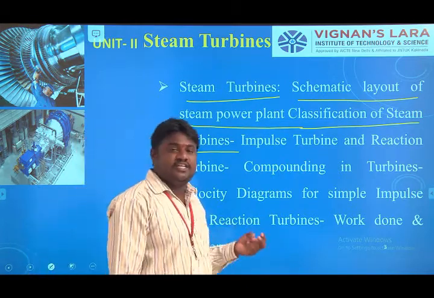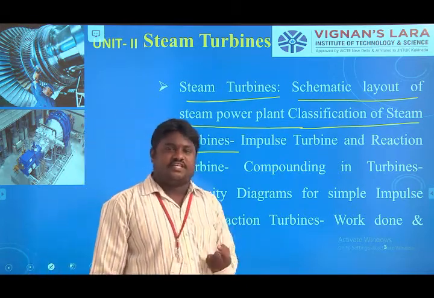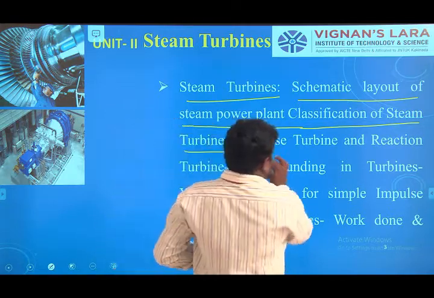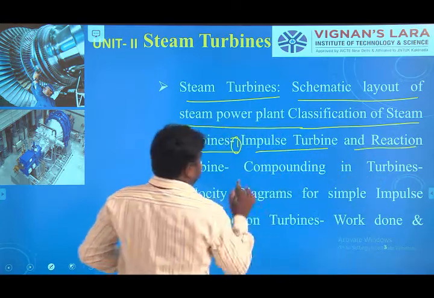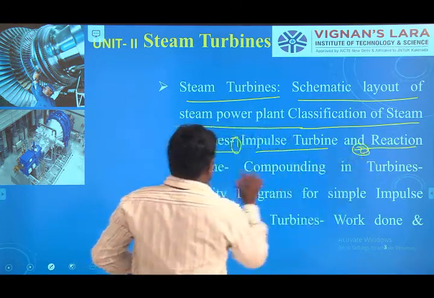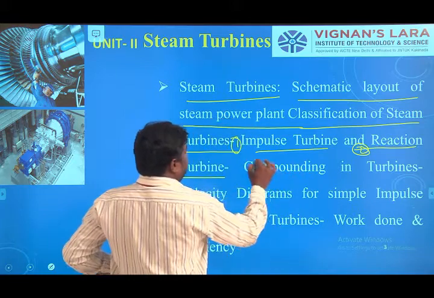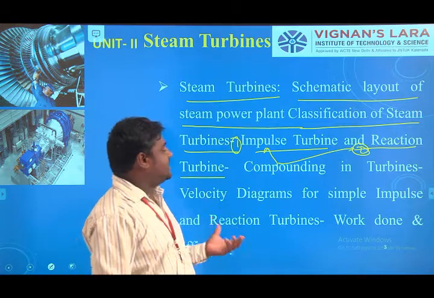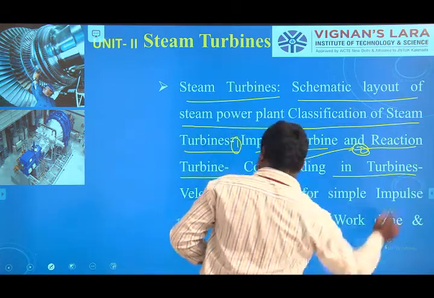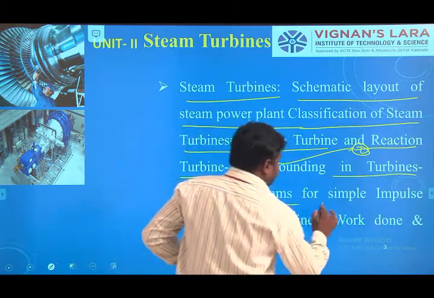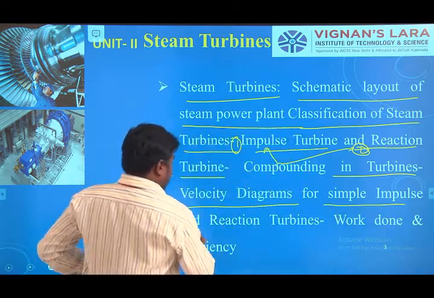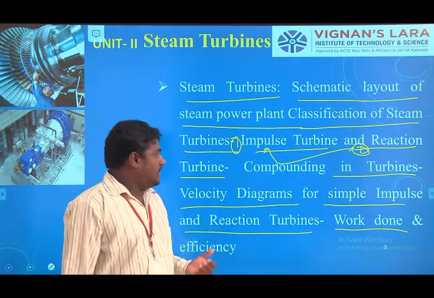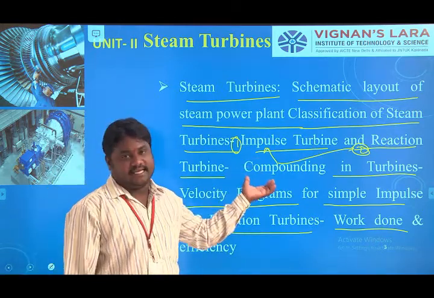Here there are 2 types of classification, the first is impulse turbines and the second is reaction turbines. Then the comparison between the impulse turbine and the reaction turbine, velocity diagrams for simple impulse and reaction turbines, then the work done and efficiency of the reaction turbine as well as the impulse turbine.